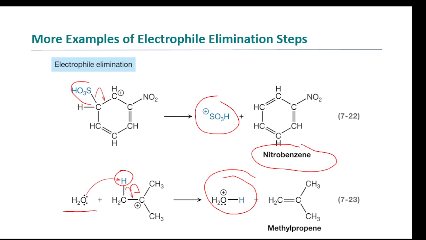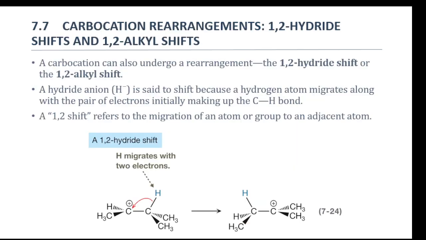Okay, so let's talk about carbocation rearrangements and hydride shifts. When you have this carbocation, I have been talking about how these orbitals overlap and pull electron density, right? Remember when I was talking about that before? So when you have this carbocation in here, it has an empty p orbital and a positive charge.